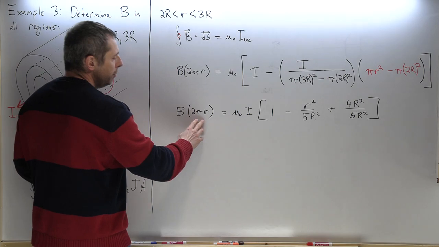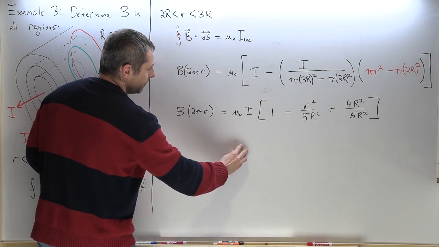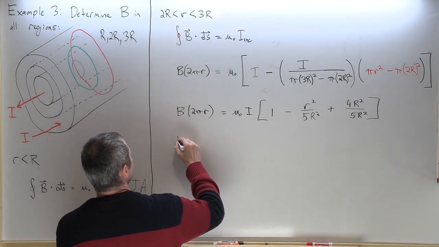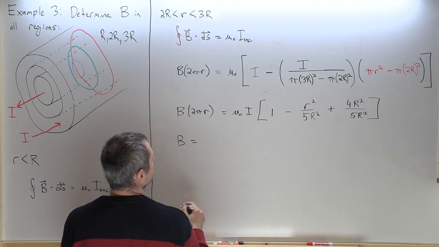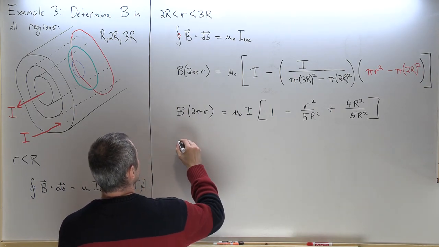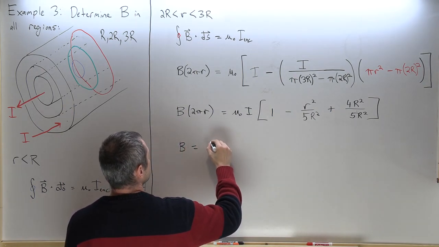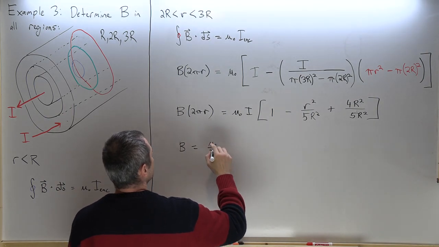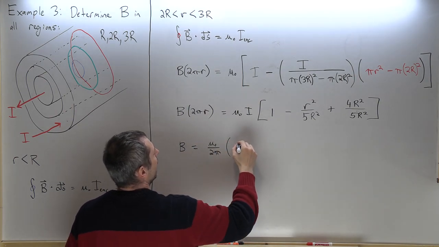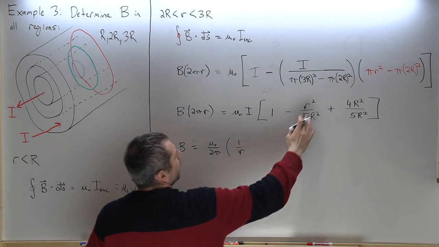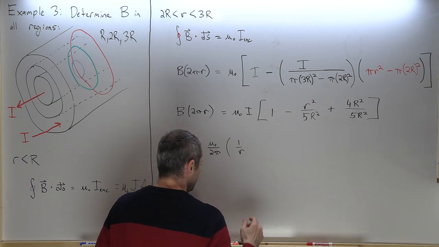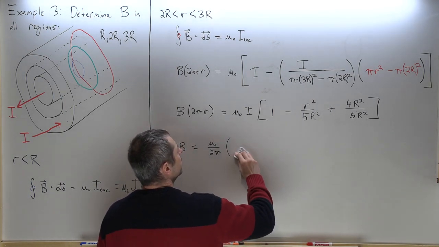Now we'll divide by 2 pi, giving us mu 0 over 2 pi over here. And then also divide by r, which will leave B alone. Mu 0 over 2 pi, and then inside parentheses, 1 divided by r. Before I do that, I just thought of something else.